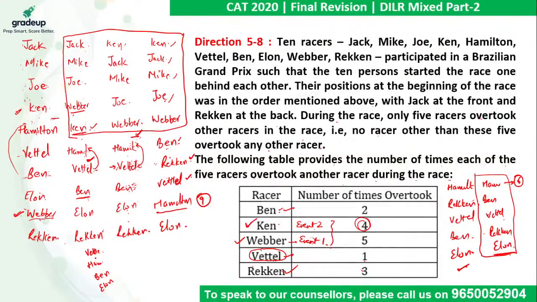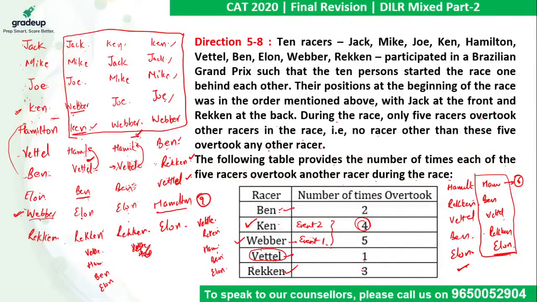Now if Reckon moves ahead, 3 steps ahead, so it will be Vettel, then Reckon, then Hamilton, then Ben, and then Eon. So in this case, when Ben will move 2 racers ahead, so Hamilton will come again to position number 9, so this will not give me 7th or 8th position, right?